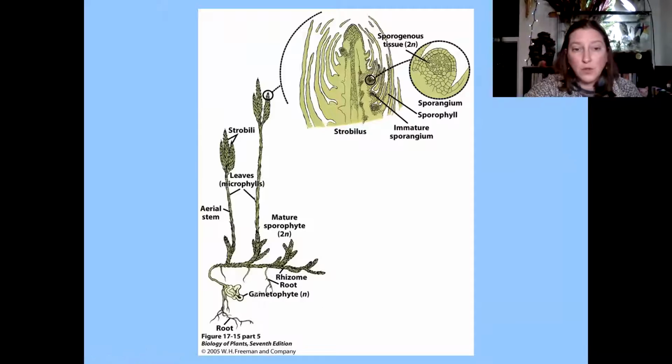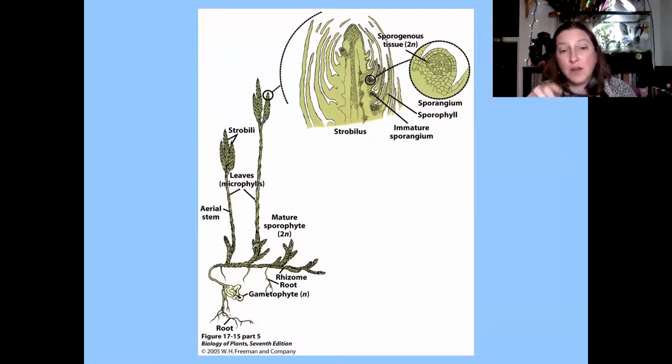Okay, so look, here's our little carrot gametophyte plant, right? Not green, not photosynthetic, haploid, obviously, because it's a gametophyte plant. This gametophyte plant came from one type of spore.